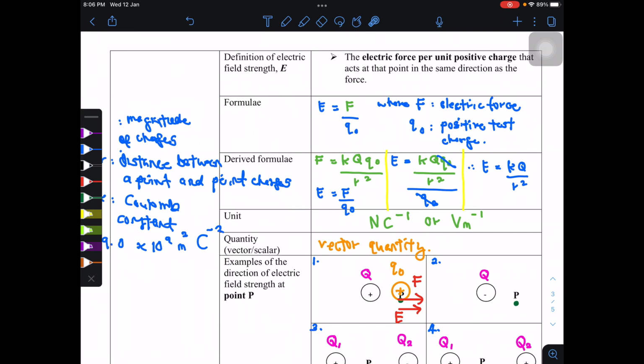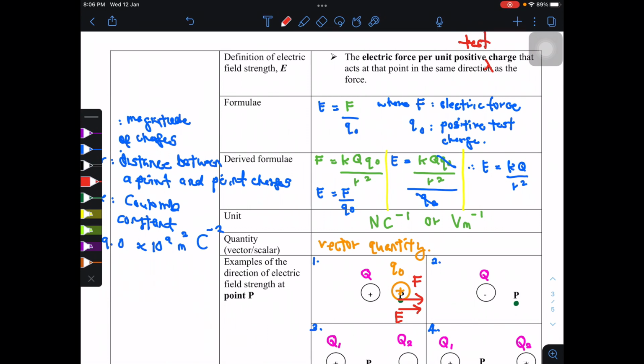The definition of the electric field strength E is the electric force per unit positive test charge. So I want you to put this charge as a test charge, the positive test charge.